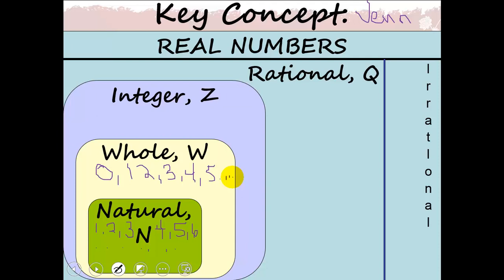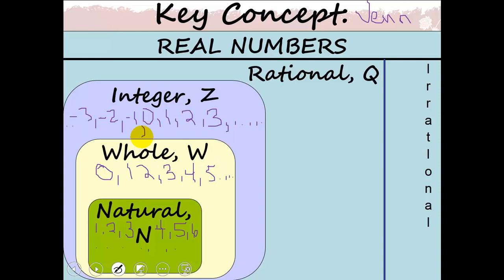And then the integers, we're going to take every whole number and then put on it the matching opposite or negative. So we'd have -3 and we keep going out that way. -2, -1. Notice that we don't have fractions, okay?